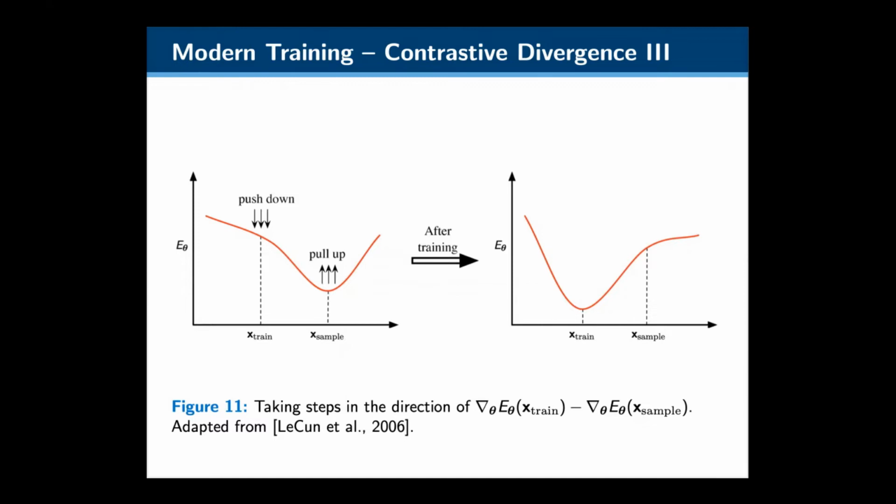Anyways, where was I? Okay, so we start off with some untrained model. And in this untrained model, our training data might have a high energy and random, poor samples from, again, a bad model will have low energy. And basically taking steps in this gradient direction, the difference between the gradient evaluated at our training data and the gradient evaluated at our samples, pushes the energy function more to what's shown on the right here, which is a situation where the training data has low energy and our somewhat bad samples at the start of training have comparatively worse energy.